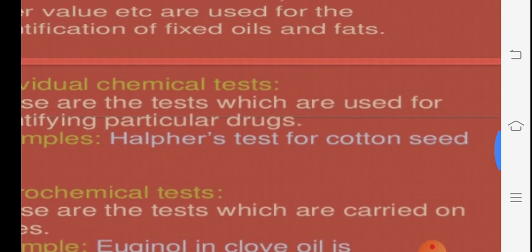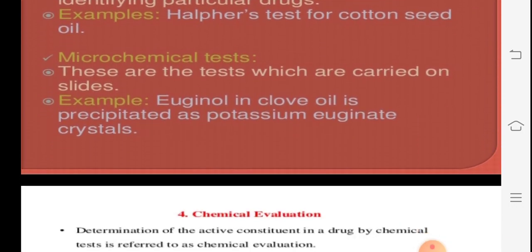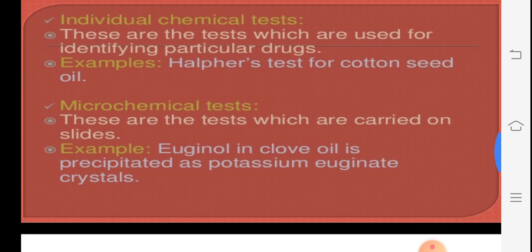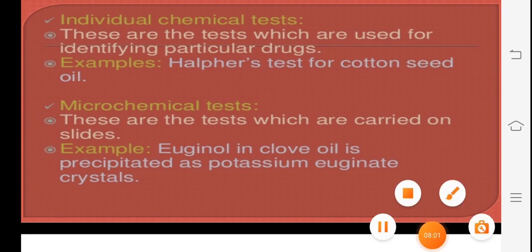So you remember this one. Then secondly, microchemical tests are carried out on slides. Eugenol in clove oil, for example, is generally precipitated. So you remember this about the physical evaluation.